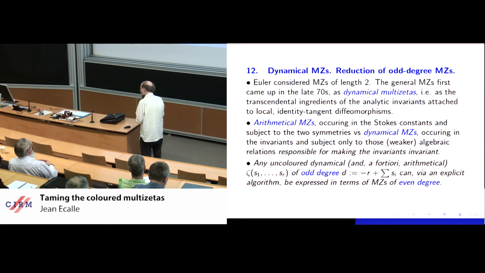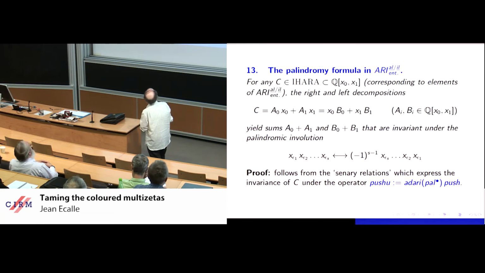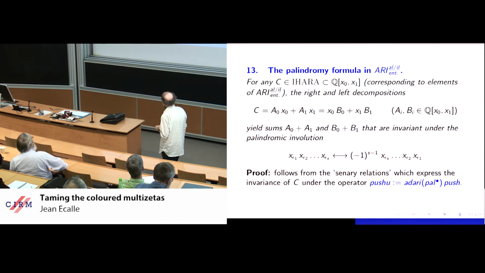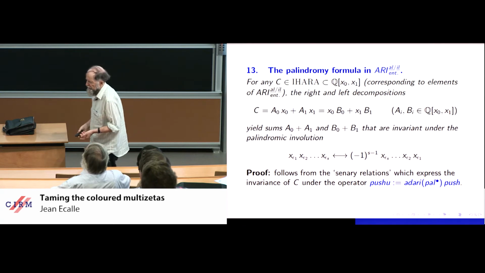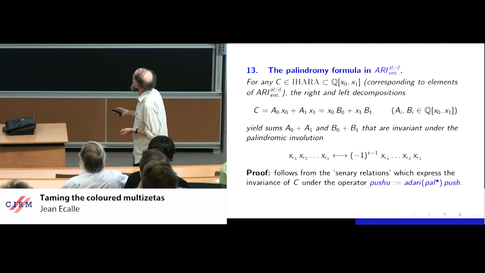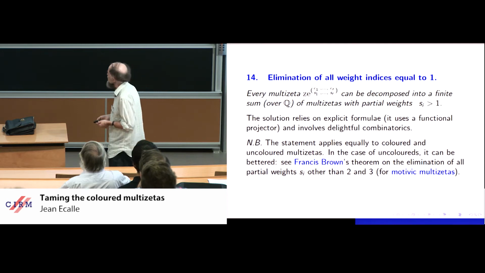You can eliminate them in an algorithmic way, a very efficient way of doing that. And that's another result. Well, the palindromy formula in the Ihara framework: there are two ways of writing an element, and people noticed that they are invariant under this involution, and this was proved in this way with this machinery, and then the eliminations of all partial weights of index 1.